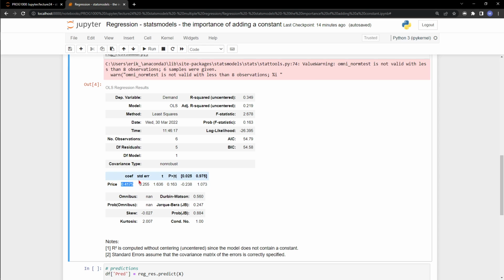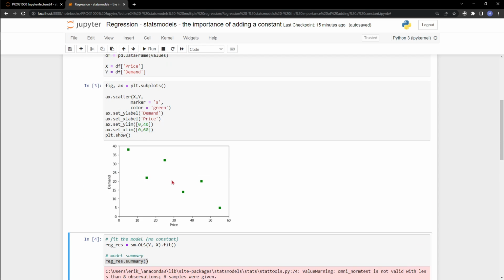We do not have a constant term, which means that with our data, we have a positive slope on the price, which means that if we change the price by 1 unit, we should expect to see a corresponding change in the demand by 0.41 on the positive side, which means that if we increase price, we estimate that the demand will also increase, which is not what we saw in the plot here.